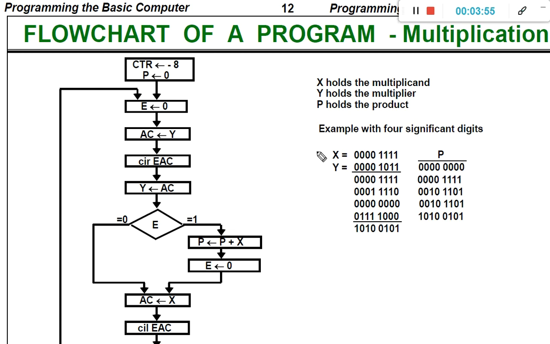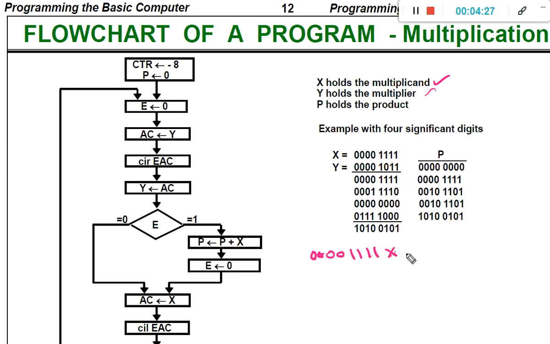Before seeing the code for the multiplication operation, let us first see the flow chart of the program for the multiplication and trace out how the result is carried out. Here x holds the multiplicand. The x value is 0 0 0 0 1 1 1 1, and y holds the multiplier.